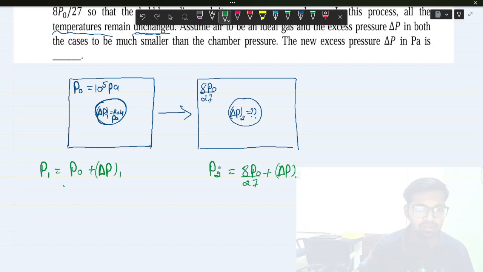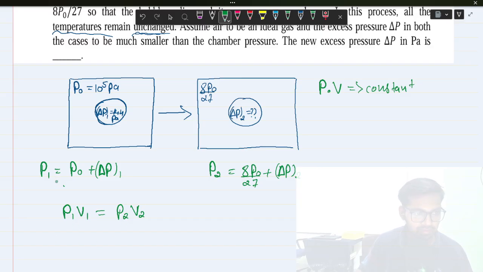We know that for an isothermal process, pressure into volume is constant. So P1 V1 equals P2 V2.